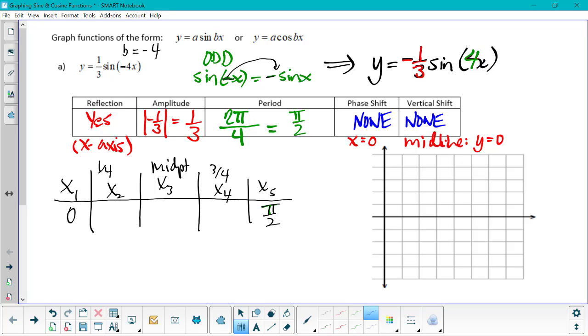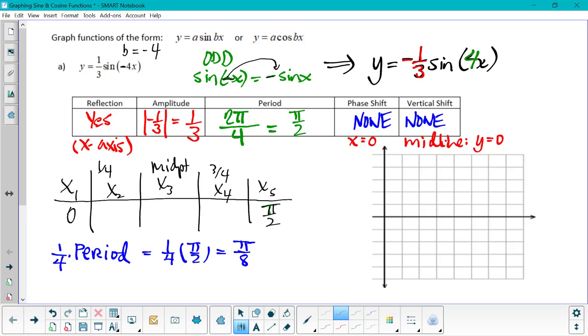If sometimes that's a little bit more difficult because of the fractions that we have, there's a procedure that we can use, and we can say, let's take the period and divide it into 4 equal parts. So we call it the quarter period, or basically what's 1/4 of the period. So we take 1/4 times pi over 2, which tells me that it is pi over 8. So each one of my 4 equal parts is pi over 8 units.